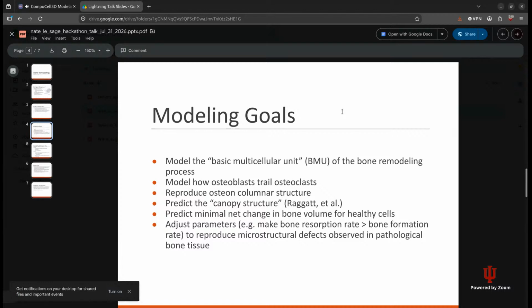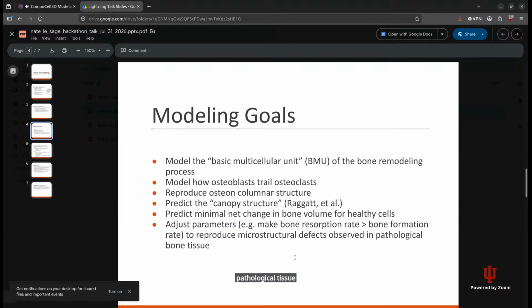So I'd be interested in modeling the basic multicellular unit of this process, modeling how the osteoblasts and osteoclasts interact, predicting the microstructure of the remodeling process, and then being able to adjust the parameters that would lead to reproducing the defective microstructure in pathological tissue.